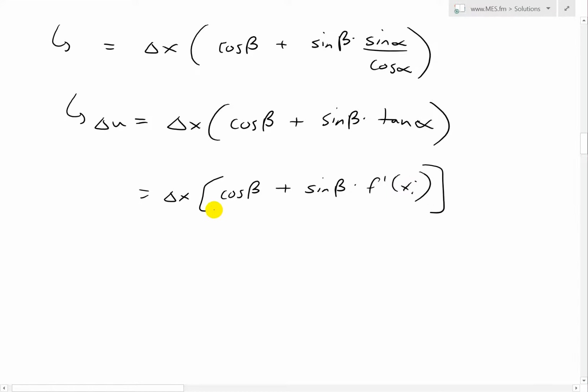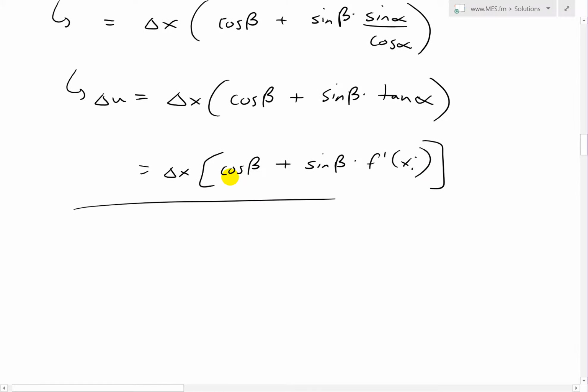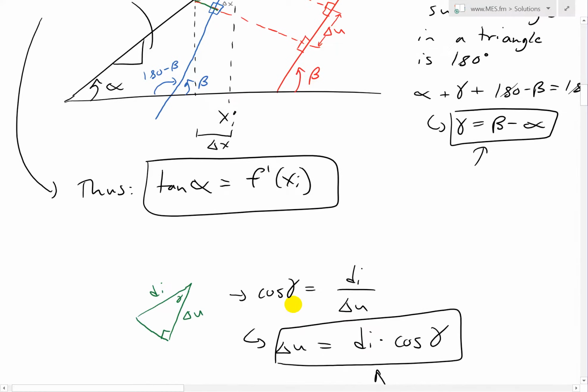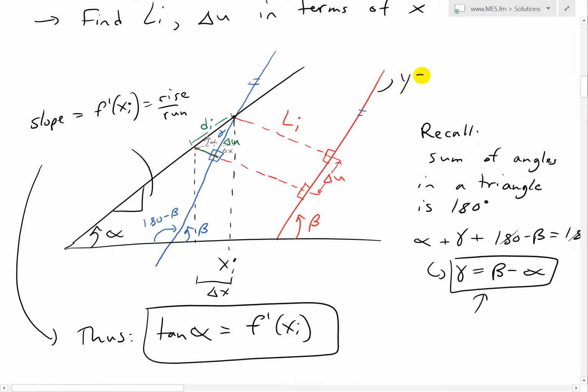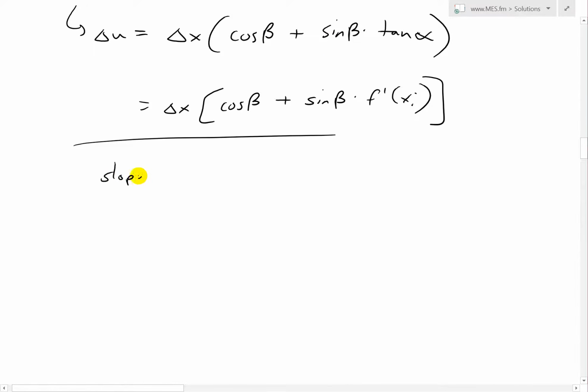But now we can also solve for these cosine betas as well, if we scroll all the way back up here. This curve is just y equals mx plus b, where m is the slope. So we know that, and then this is the beta. What we know is slope equals m of the slanted line, which again equals rise over run, which in our case is just tan of beta.